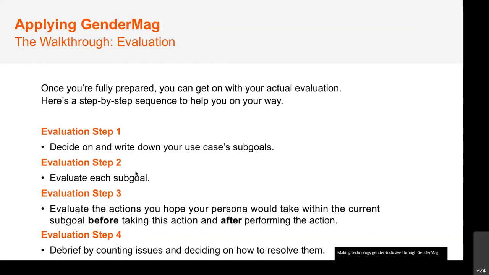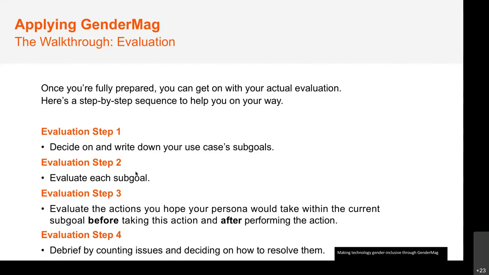In the second and third steps, you're working your way down the list of the sub-goals. So in the second step, we would evaluate whether that persona would have thought of doing this sub-goal. And then in step 3, we're evaluating the actions that they would take to achieve the sub-goal.